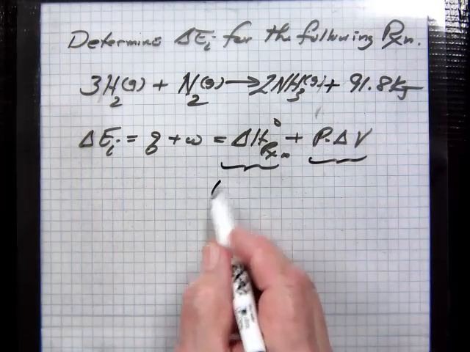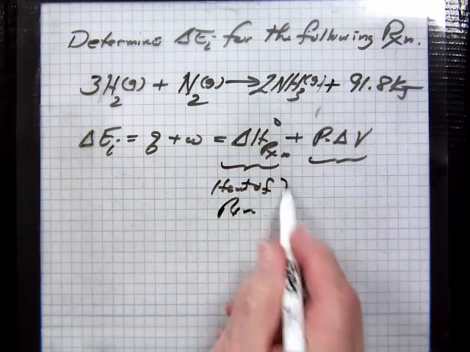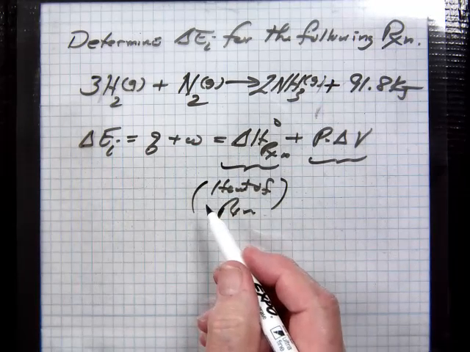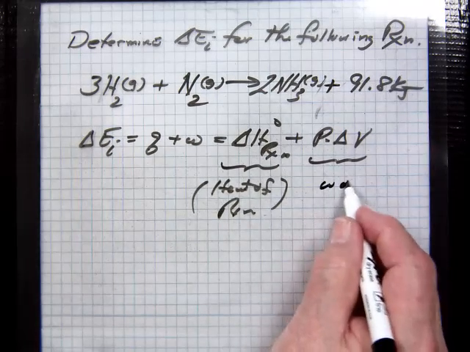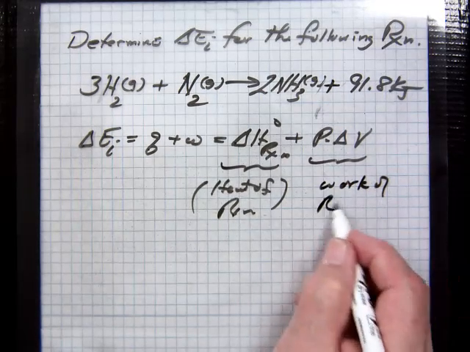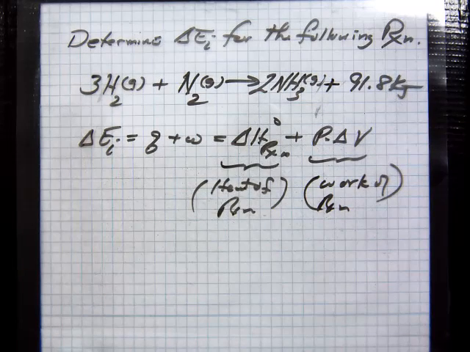You need the heat of reaction, that's calculation number 1, if you need to calculate. And then the work of reaction. Once you get those, you algebraically add them together and you get the final answer.